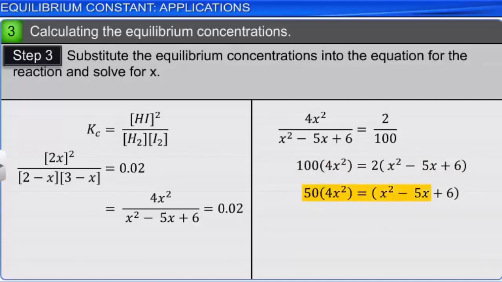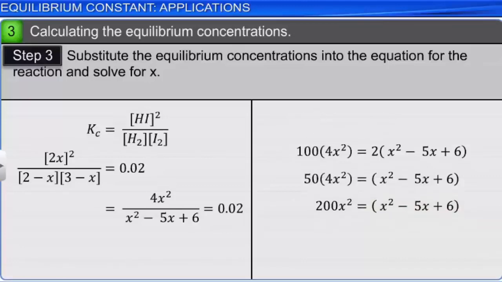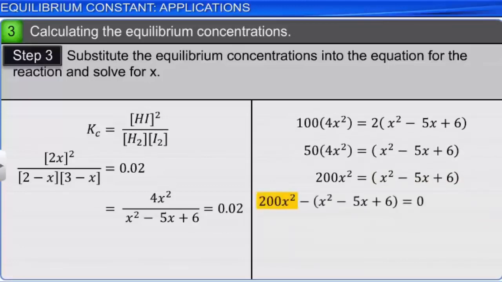This becomes equal to 200x square is equal to x square minus 5x plus 6. This equation can be written as 200x square minus x square minus 5x plus 6 is equal to 0.